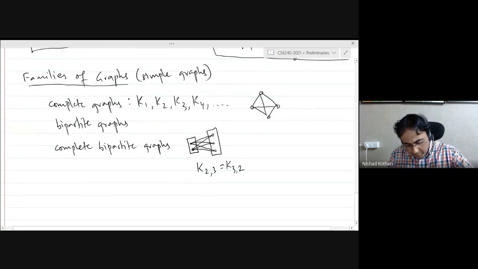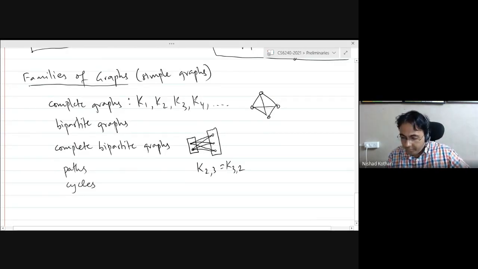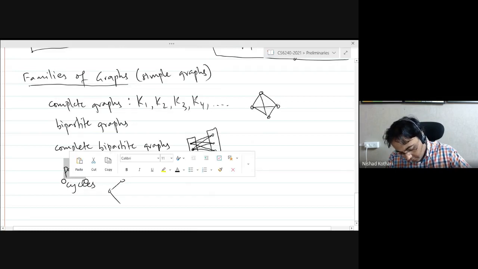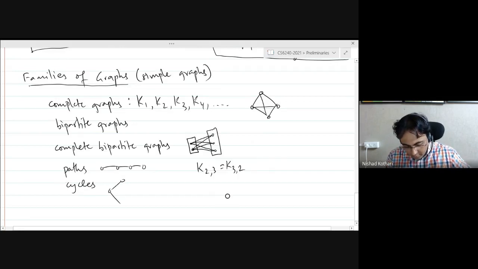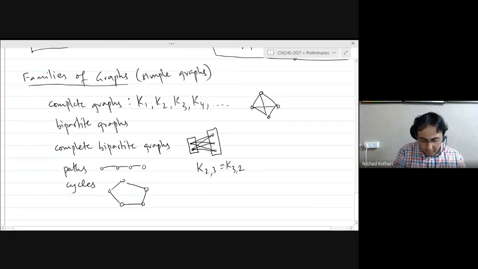Is everybody familiar with paths and cycles? A path looks like a path and a cycle looks like a cycle. Let me be consistent here.